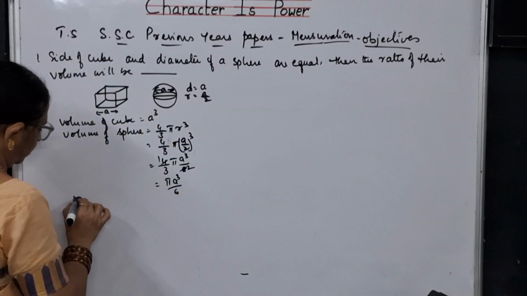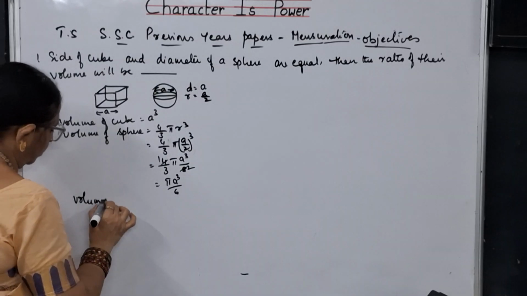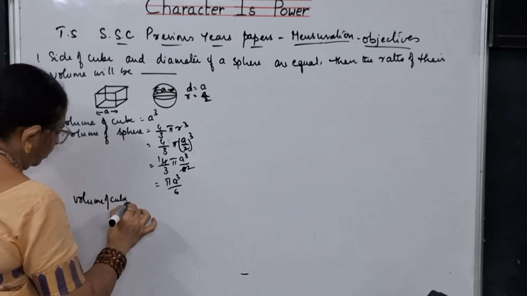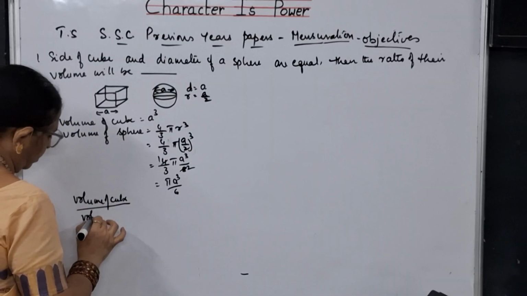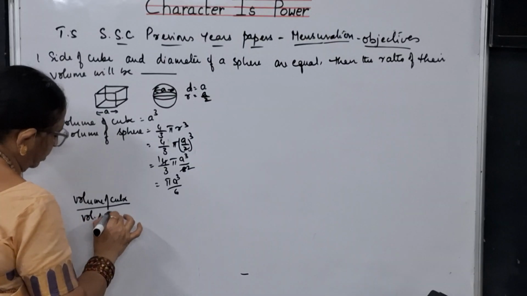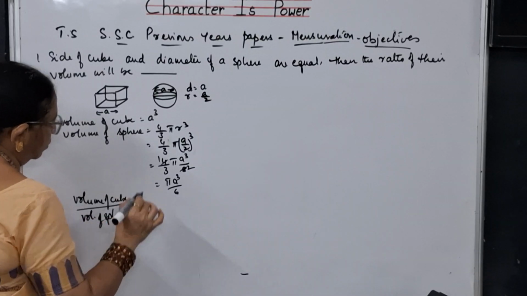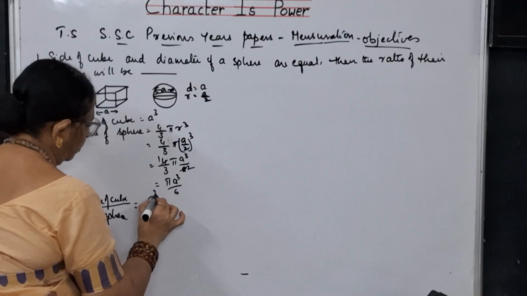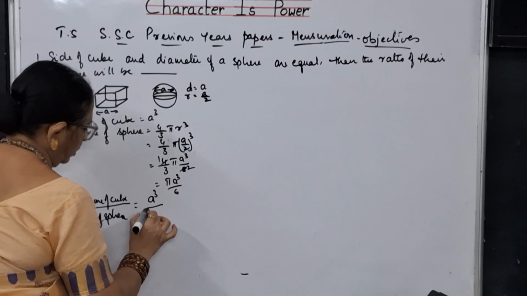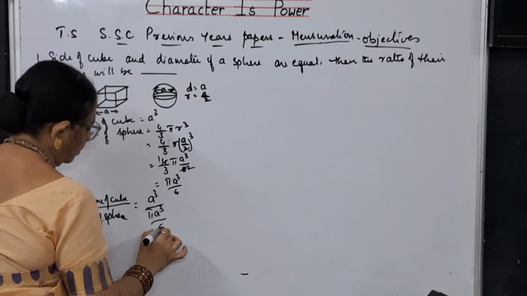So volume of cube by volume of sphere is equal to a cube by pi a cube by 6.